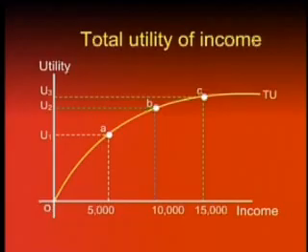If you take the risk and you are lucky and your gamble pays off, your income will rise to rupees 15,000 and your total utility will go to U3. However, if your gamble does not pay off, that is, you are unlucky and you lose the game, you will be left with only rupees 5,000 and a utility of U1.